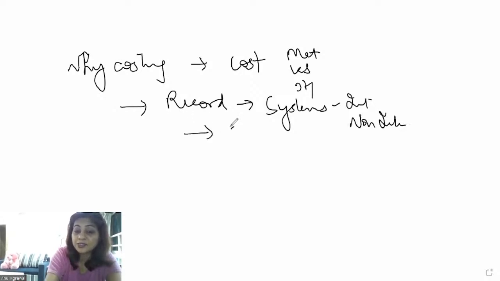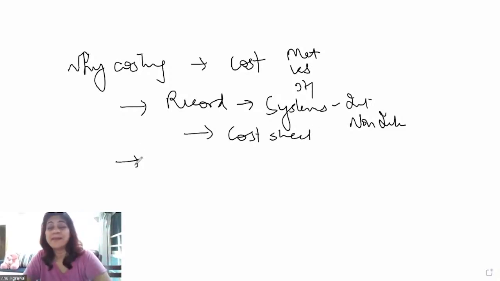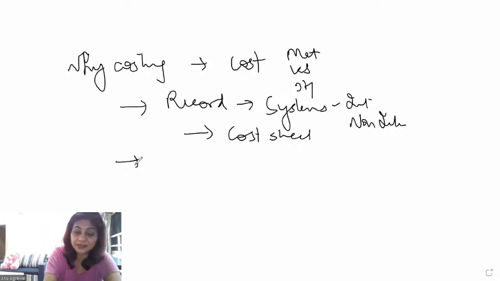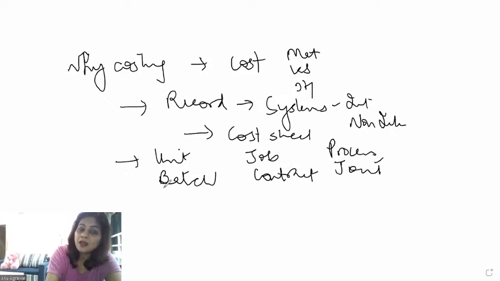We talked about cost sheet. Then we understood that there are various methods by which a good or an object comes into existence. So we talked about unit costing, batch costing, job costing, contract costing, process costing, joint and byproduct costing, operation costing or service costing.